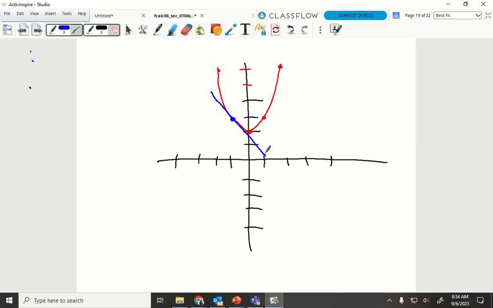So if I know that the slope is -2, what's my point going to be? What is going to be the coordinate? I know my x value is -1, but what's the y value going to be? How would I find the y value? Not yet, because I still have to find the point.